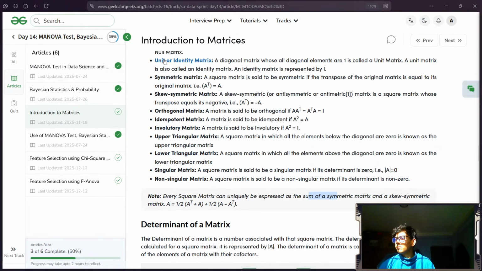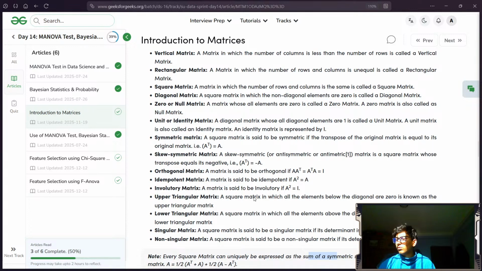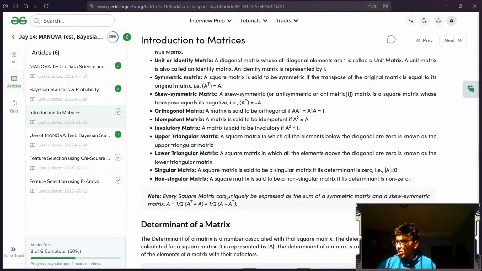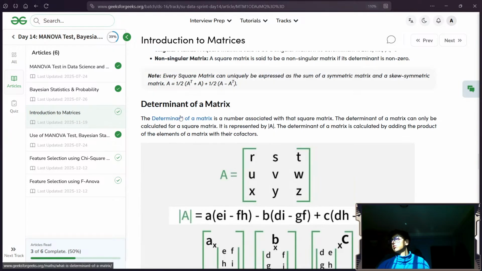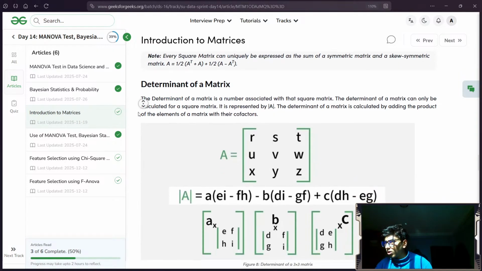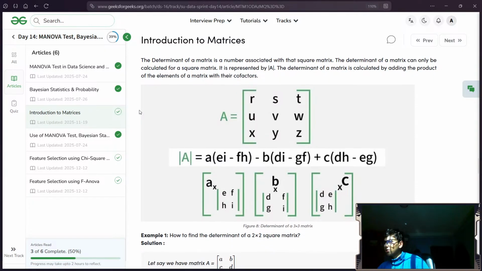Let's see, we're talking about matrices, right? Non-singular, singular, and uniquely expressed as a sum of symmetric and skew symmetric matrices. Okay, and this was the determinant. Yeah, we're at determinant now. The determinant of a matrix is a number associated with that square matrix.